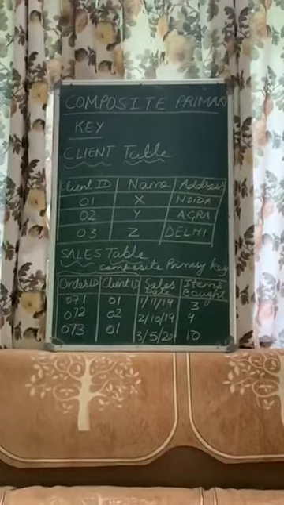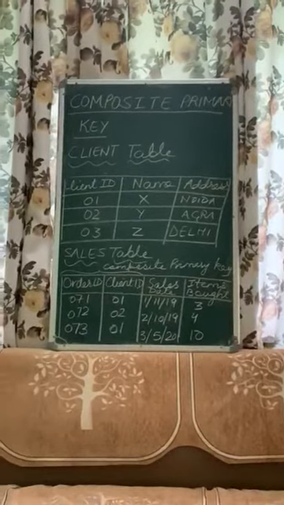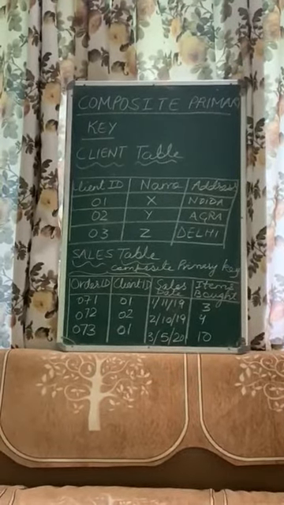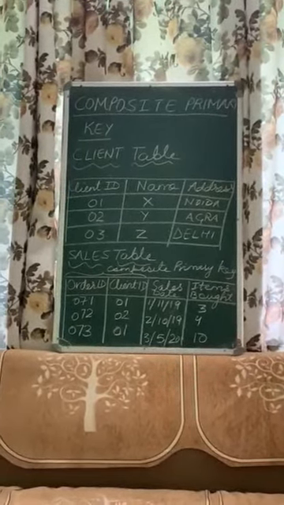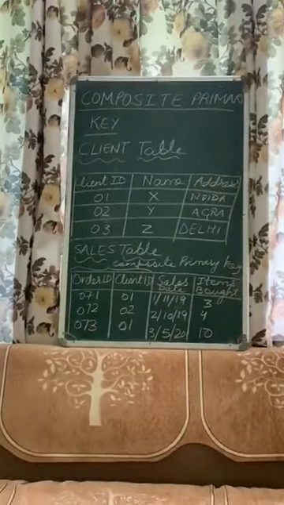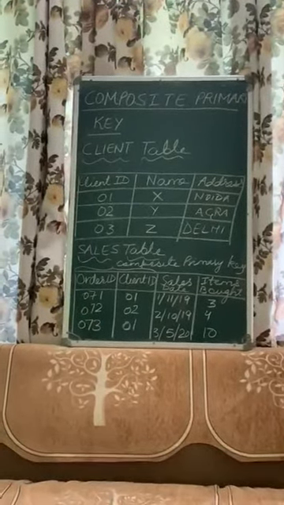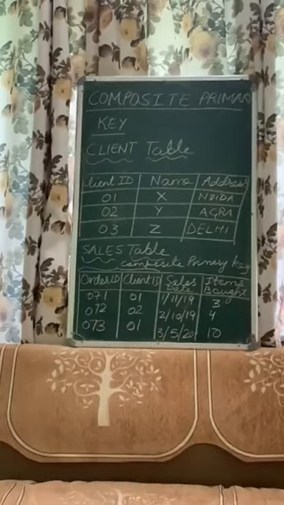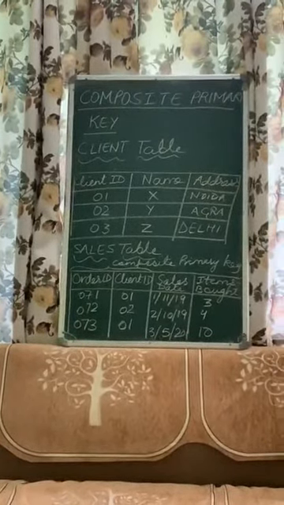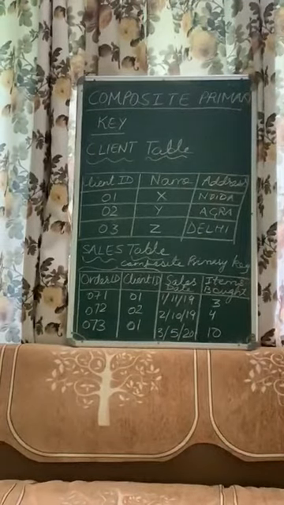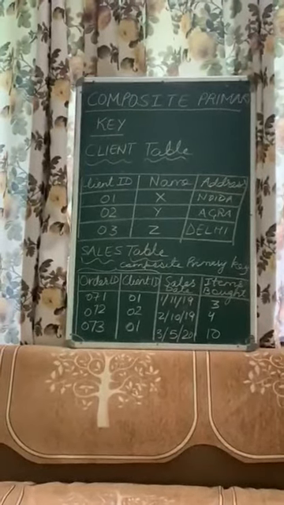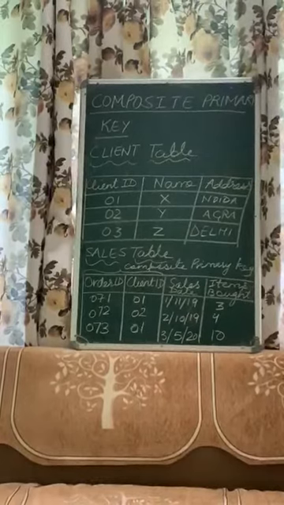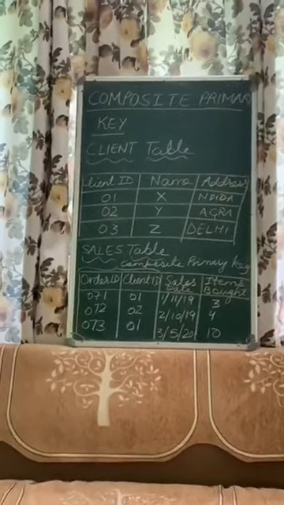Now client 1, that is your 01, the client ID, he has made an order of order ID 071, as well as he made an order of 073, as you can see in the table. So this client with the ID 01, he has made two orders, 071 and 073.